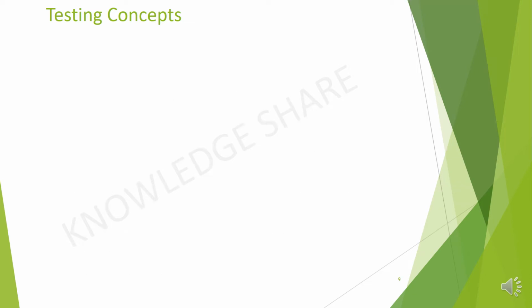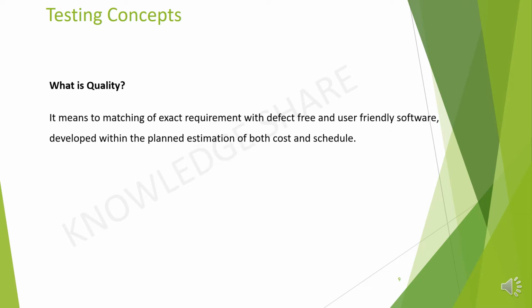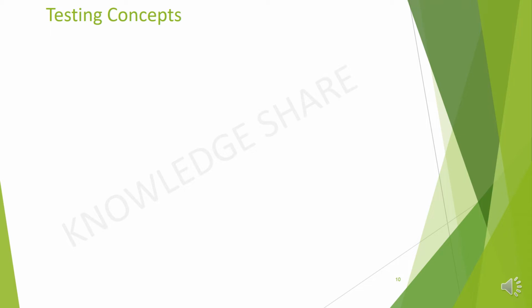Question is, what is quality? It means matching up exact requirement with defect-free and user-friendly software developed within the planned estimation of both cost and schedule. Question is, what is quality assurance?